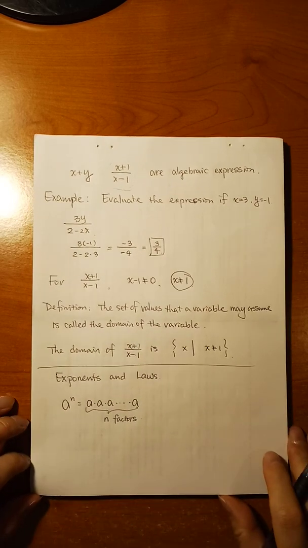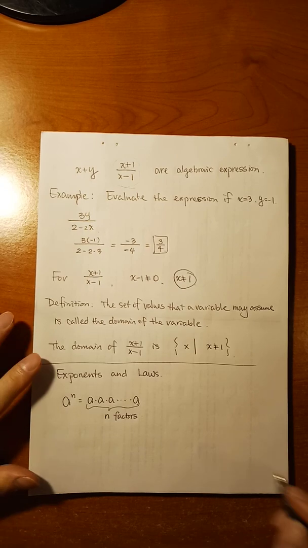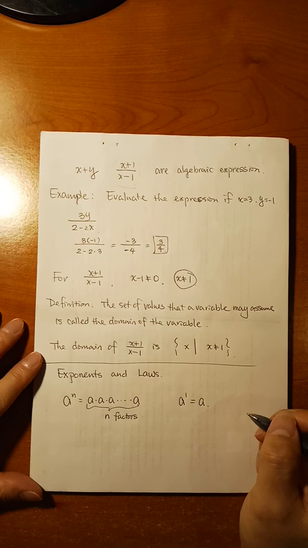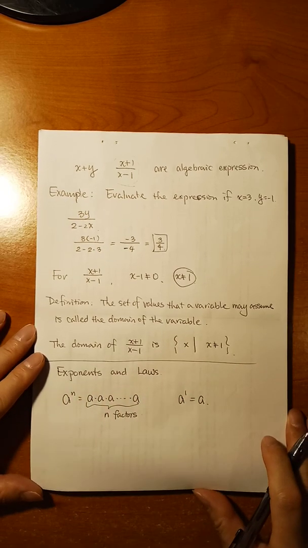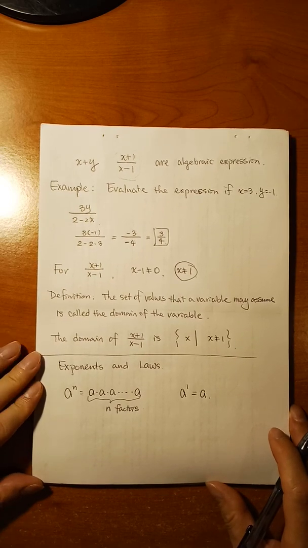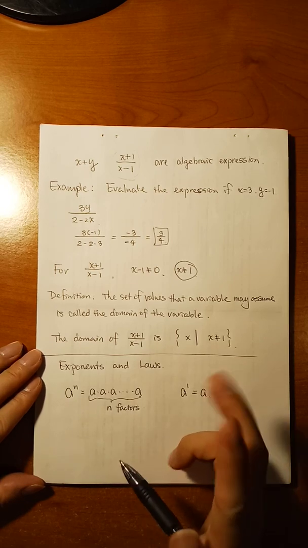It's just a short way to write the repeated product. And of course, we know that a to 1 is just a. And there are a bunch of important properties and laws. So first, before the laws, we have two definitions.